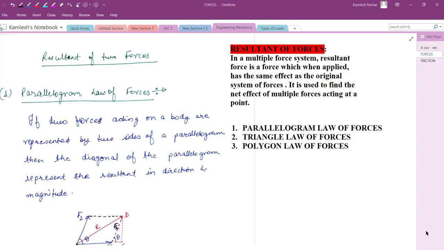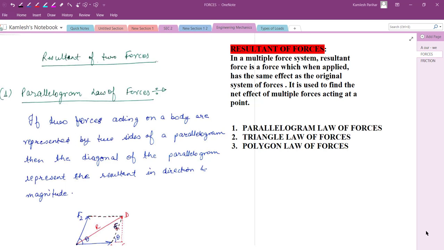Resultant of forces. So what is resultant of forces or resultant force? Suppose at any point or in any body a number of forces are acting. Now since many forces are acting on that body, it is difficult to analyze it.